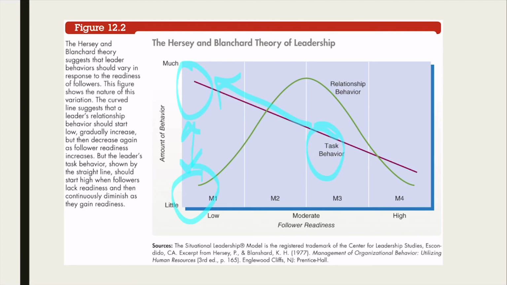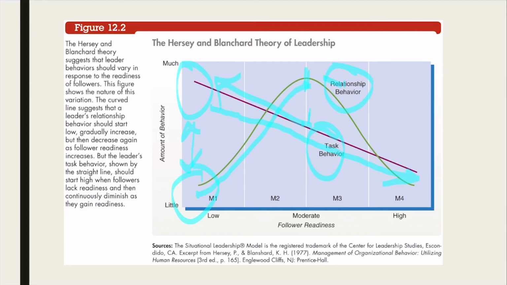But now, once that person's readiness level increases, the amount of relationship increases to where you reach the apex. Where you reach the apex of relationships, as the person becomes more knowledgeable, the less you're going to be dealing with the task.